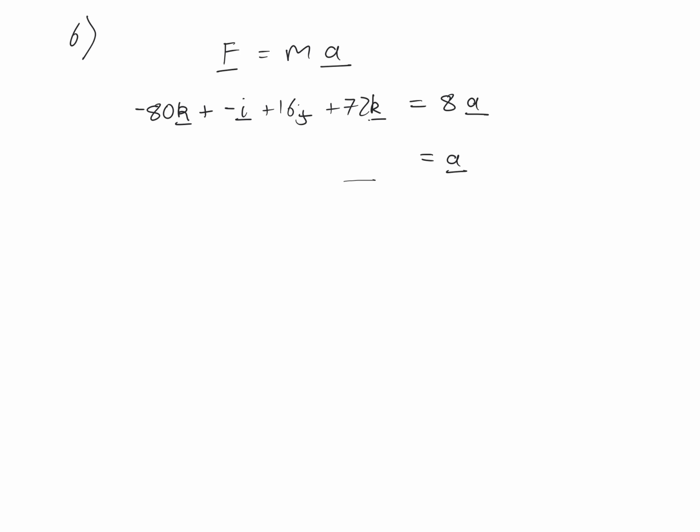A equals minus an eighth i plus 2j, and that's going to be minus 8, so that's minus k, which is what we've got.